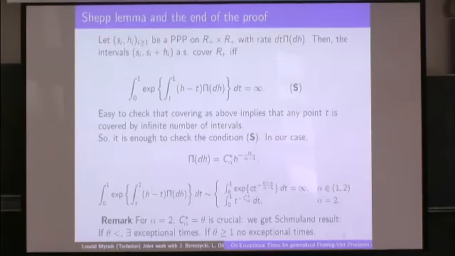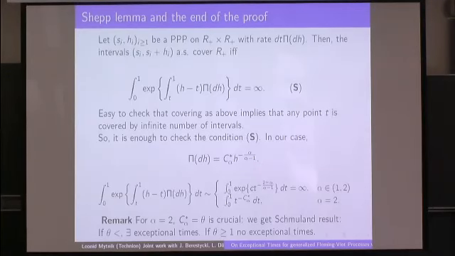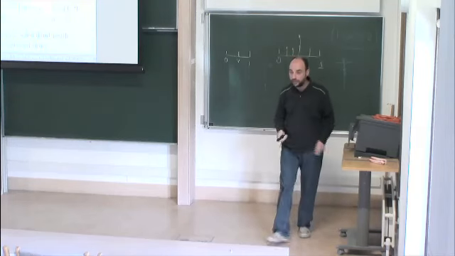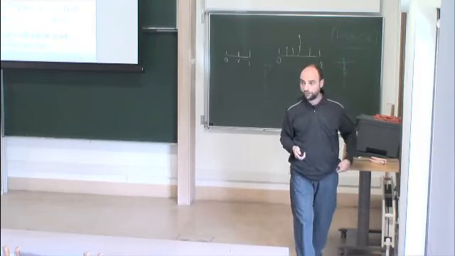So this integral should diverge, then you are covered. If it doesn't diverge, you are not covered. You just take our measure pi dh and calculate this integral. And this measure pi was exactly what I calculated, the distribution of the lifetime of each cluster.